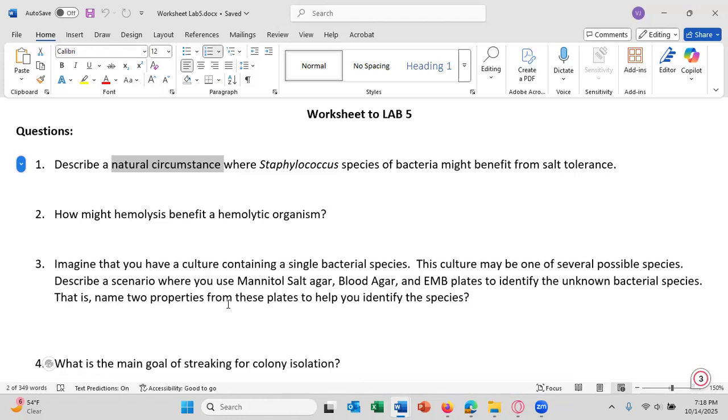Describe a scenario where you use mannitol salt agar, blood agar, and EMB plates to help identify the unknown bacterial species. You must name 2 properties for each of these plates to help you identify the species. Meaning in this question, you need to answer 6 different properties, 2 from each plate.